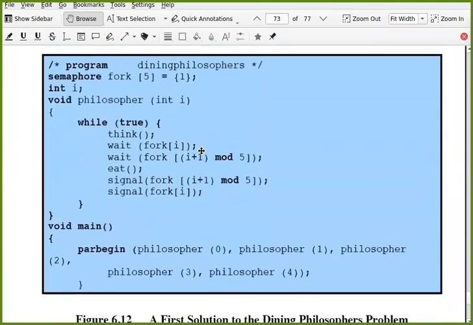Now, let's say all these philosophers are there at the same time. If anyone has waited on fork i, it is also getting the other fork, and then only it can start eating.